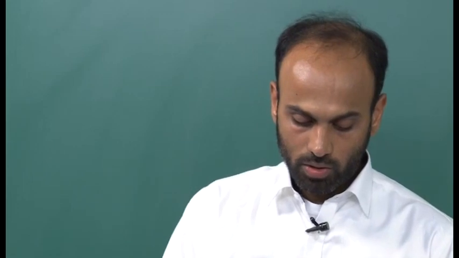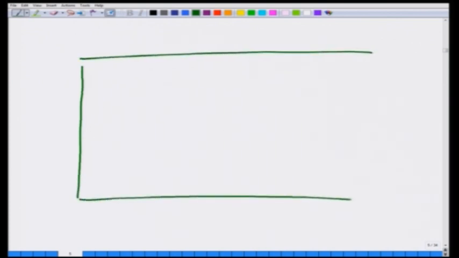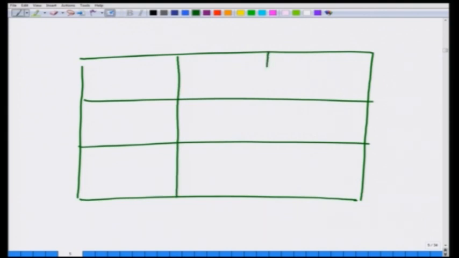We want to introduce now another concept. Again, let me redraw the game table for this Cold War game.